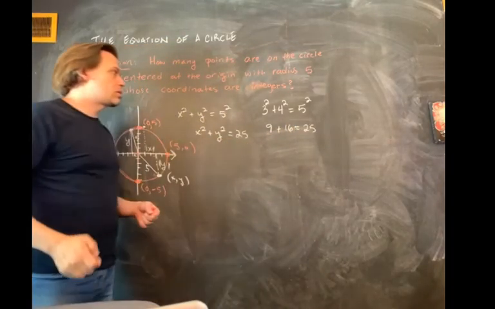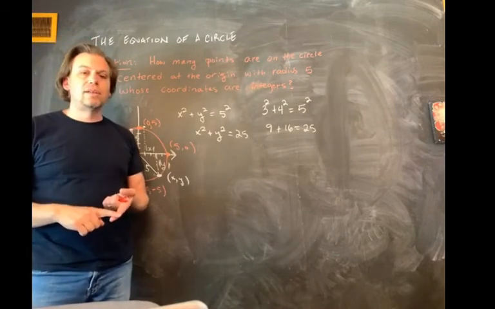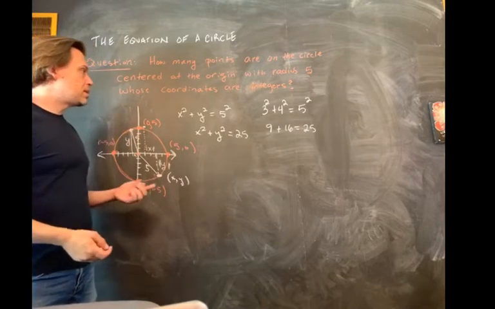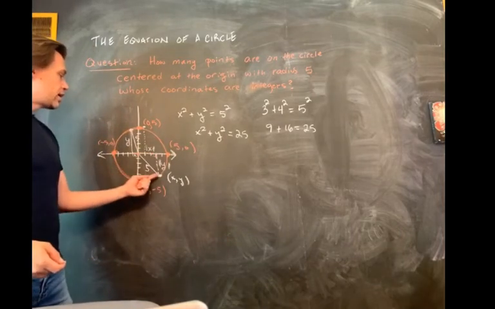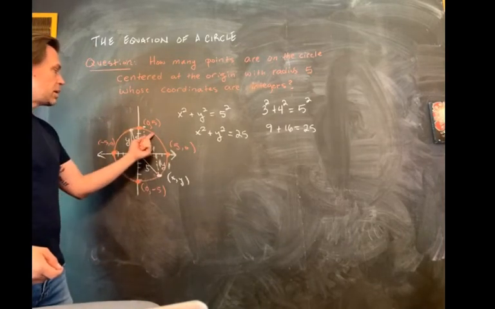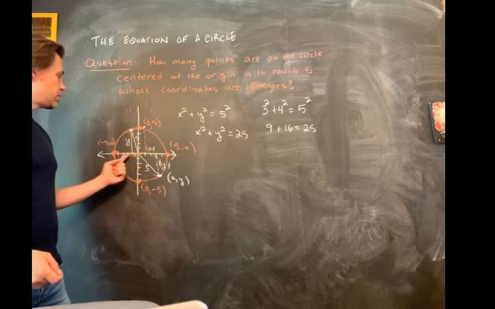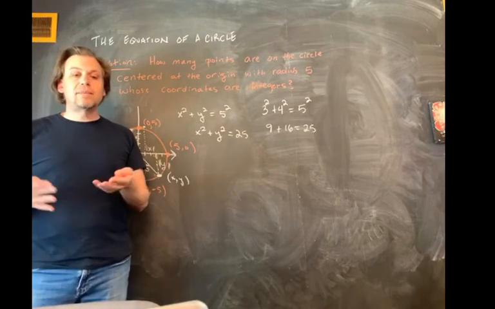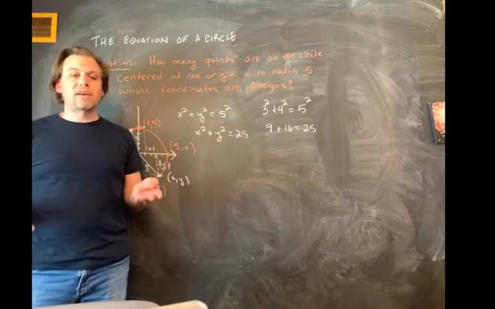That's always true. So it could be negative 3, negative 4, negative 3, positive 4. I can switch them. So the point could be 3, negative 4, or it could be 3, positive 4, or it could be negative 3, negative 4, negative 3, positive 4. When you square them both and add them together, you're always going to get 25.